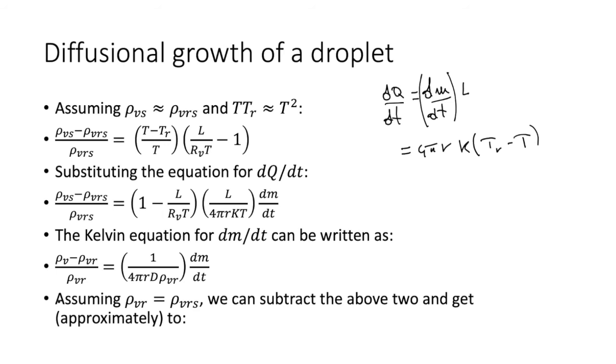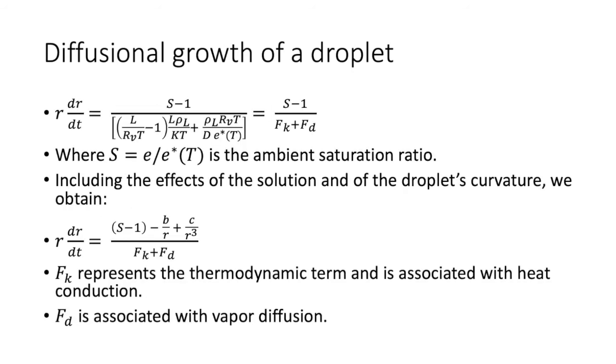Not necessarily at saturation. Here we needed saturation because we needed the Clausius-Clapeyron equation. For the Kelvin equation, we don't actually need to be at saturation, okay? Here we're just taking the Kelvin equation and dividing both terms by rho vr, right? And so now we have something that's very similar between the two, and so the temptation to equate these two is actually pretty strong.